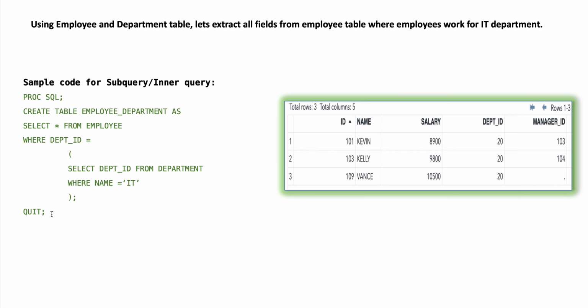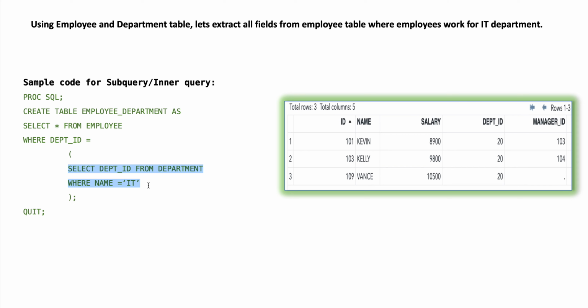When we run this set of code, that means proc SQL to quit, first of all the inner query executes first. It gives a certain value, and that value is used for the outer query, and it completes. In this case, when we run the whole query, the subquery executes first.